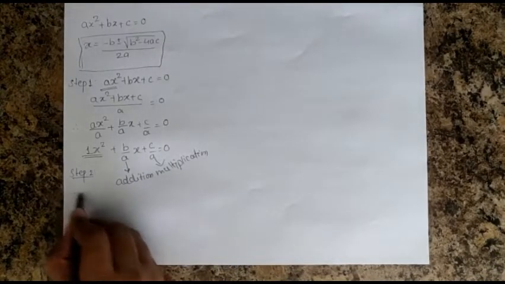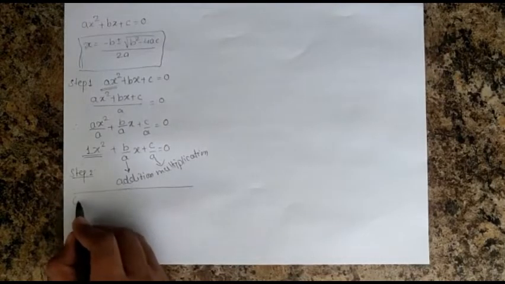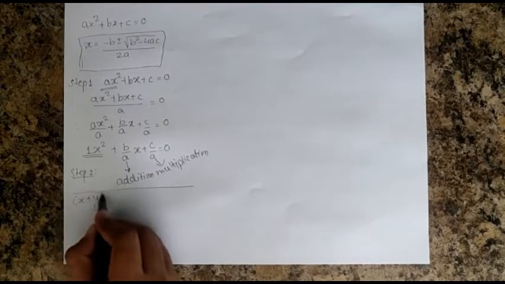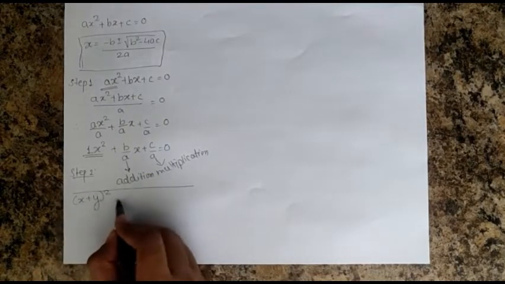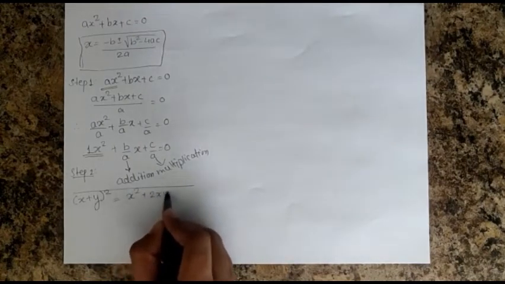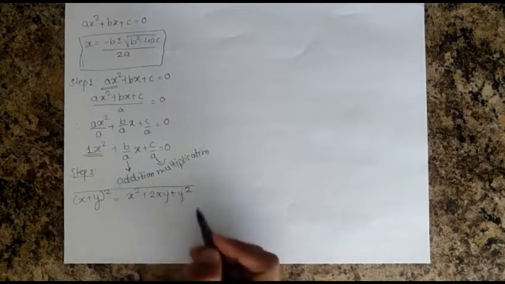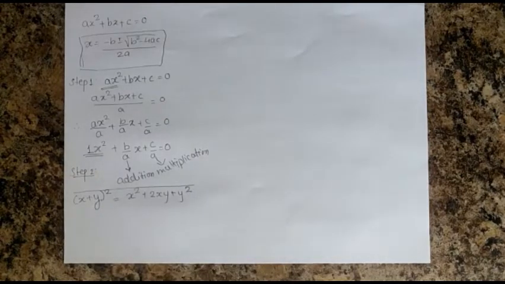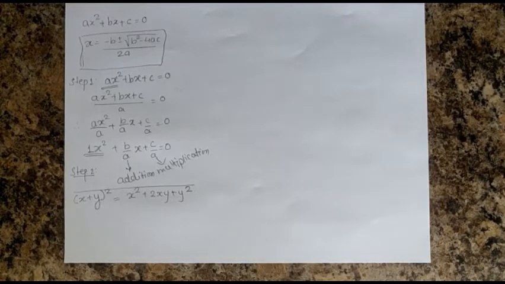So how to do that, because everything is unknown? What we'll do in this case is, we will compare this with the formula x plus y bracket square. X plus y bracket square gives x square plus 2xy plus y square. Why are we going to do this? Just to find a term which we can add or subtract from both the sides.